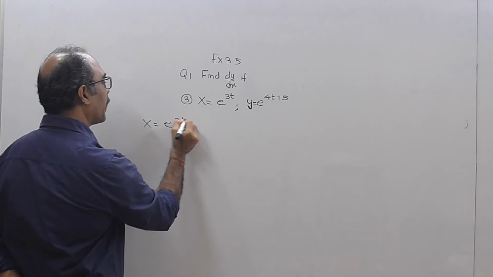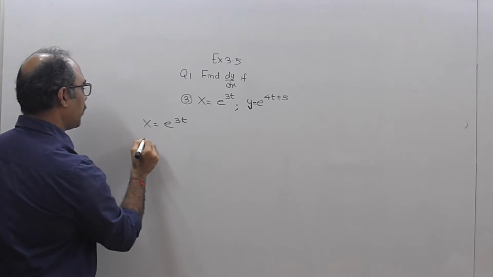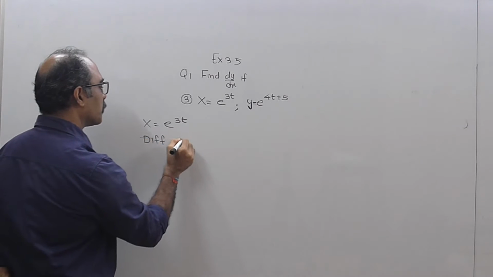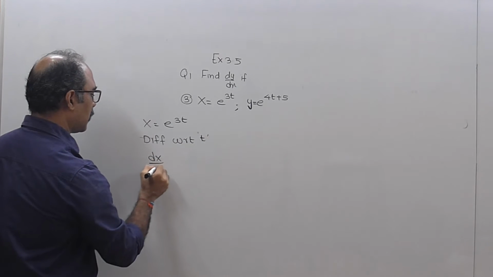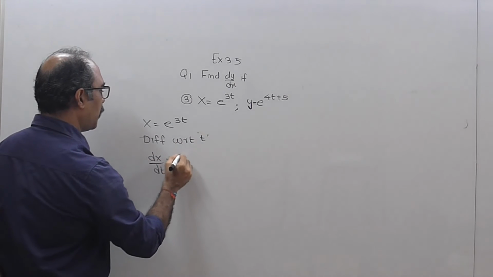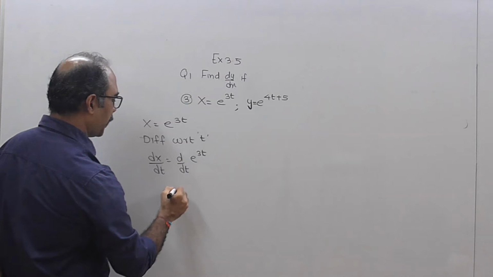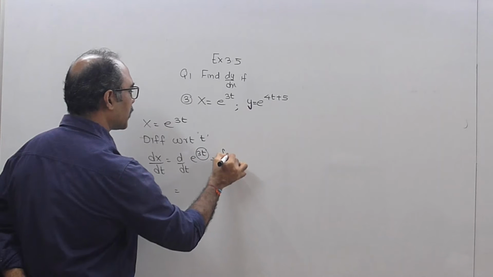x equal to e raised to 3t. This is x equal to f of t. Differentiate with respect to t, we get dx upon dt equal to d by dt of e raised to 3t. e raised to 3t is in the form of e raised to f of x.